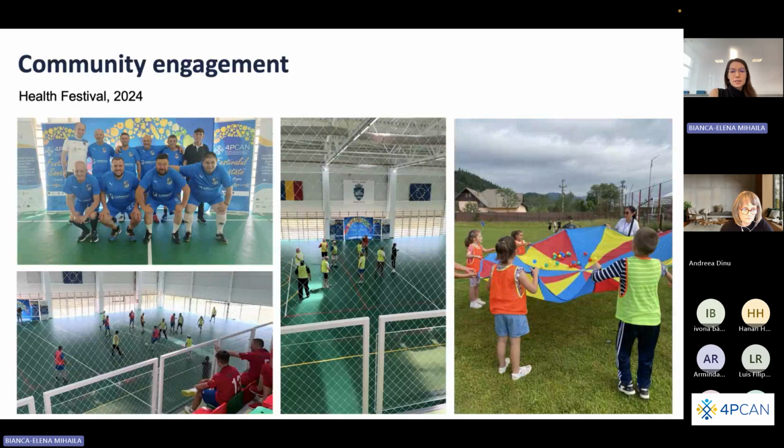This is the first and the most important event in the Living Lab, the first Health Festival. They were playing something very innovative for a rural community in Romania.